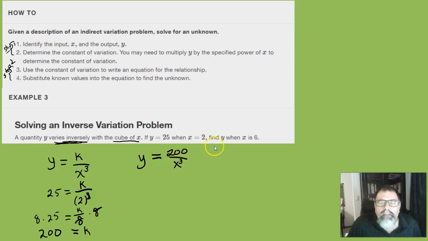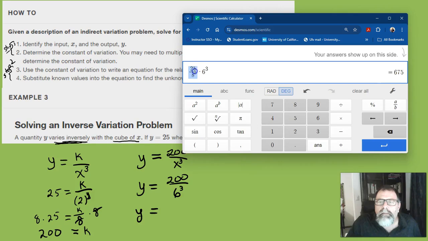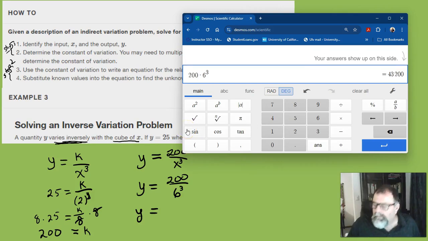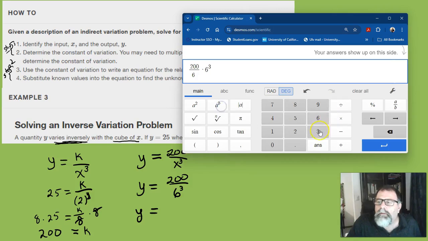And now I can answer the question, what's y when x is 6? So y equals 200 over 6 cubed. And then I punch that in my calculator. You get that Desmos one again. So let's see. We got 200 divided by 6 to the third.